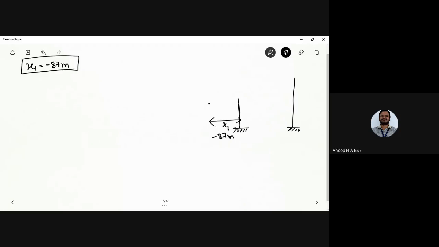Now how would the conductor look? The conductor shape would start from here and go like this. This is point O. Let me take any point P, whose coordinates will be xp and yp.